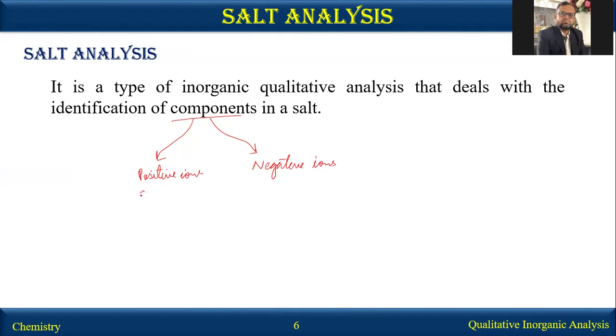Positive ions can be called cations and basic radical, while the negative ions are also called anions or acid radicals.